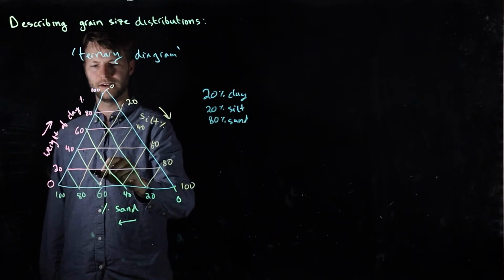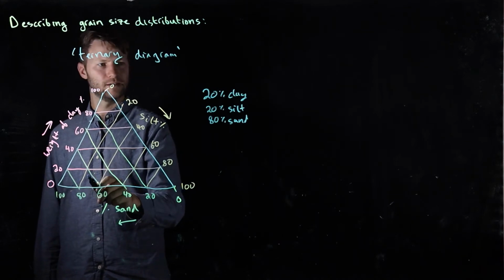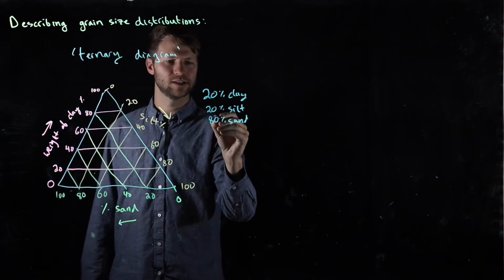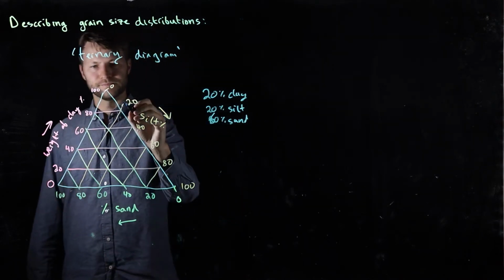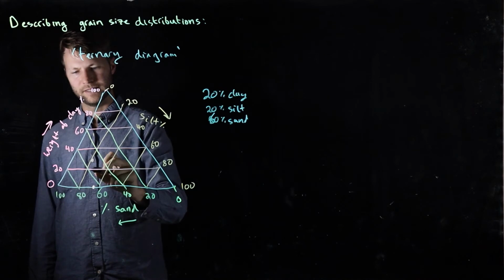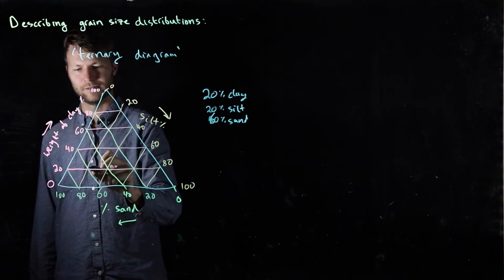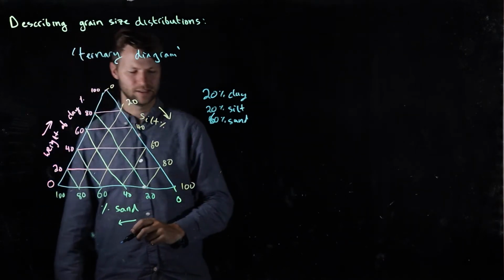We've already found our intersection right here, 20% clay, 20% silt. Oops, these numbers don't add up to 100%, this should be 60. Right here, because there's not that many degrees of freedom here, it's automatically been determined that we're in the right spot here. So we plotted ourselves on here.